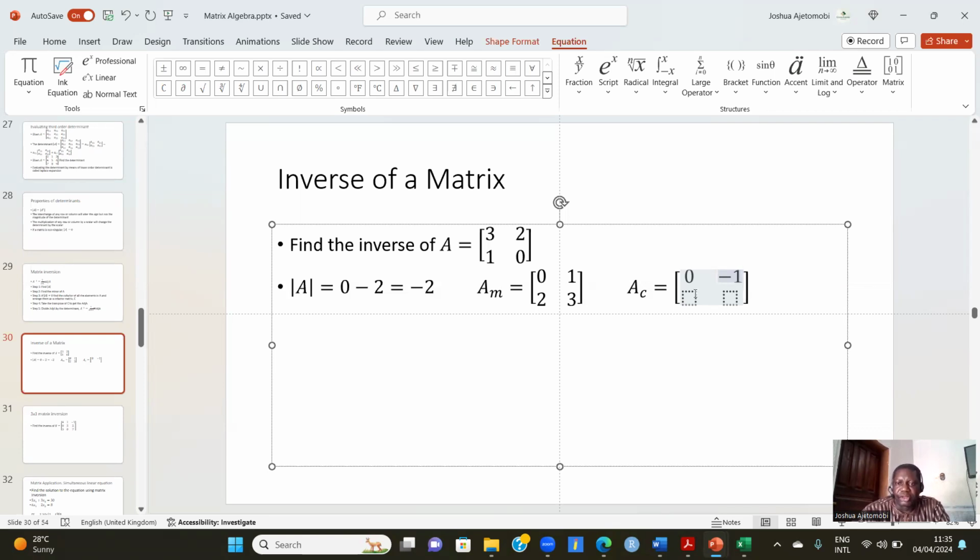And positive must not follow positive, and negative must not follow negative. So I'm sure this is negative because up there is positive. And I know also that this will be positive because it's A22.